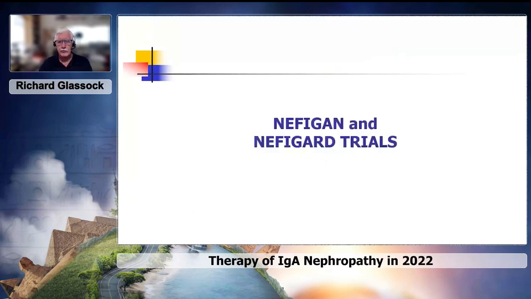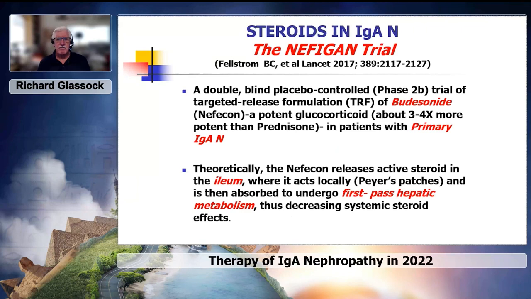Now let's turn to some additional steroid trials, but using a form of steroids that is different than the oral systemic forms. That is Nefecon, which has been studied in the Nefegan and Nefegard trials. The original Nefegan trial was reported a few years ago in Lancet. It was a double-blind placebo-controlled trial of a specialized formulation of budesonide, a very potent glucocorticoid.